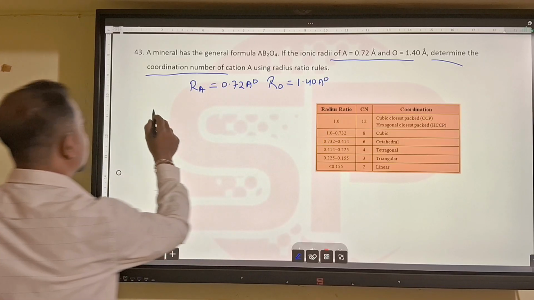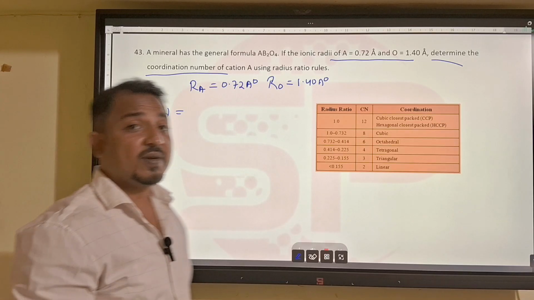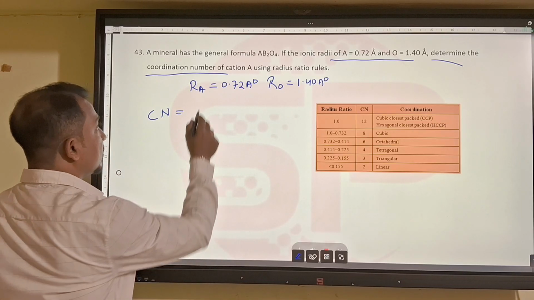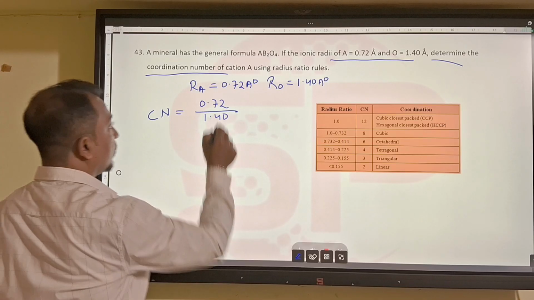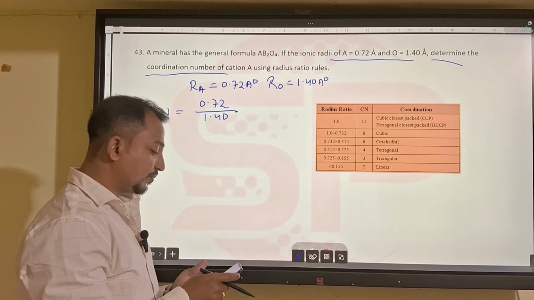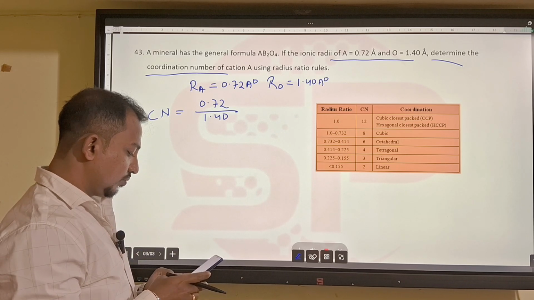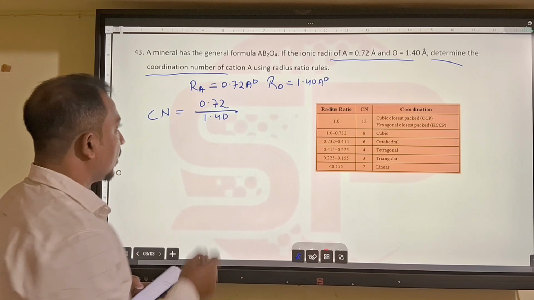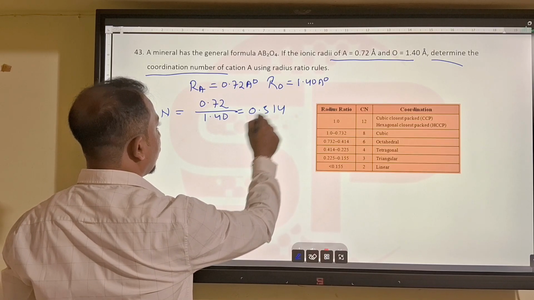The radius ratio is the radius of cation divided by the radius of anion. So 0.72 divided by 1.40 is 0.514.